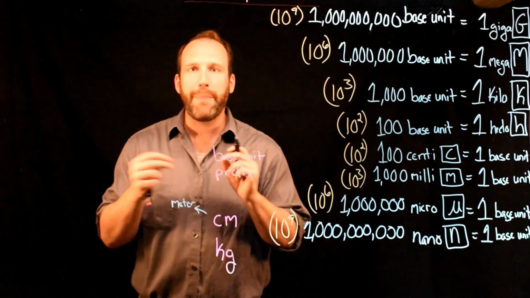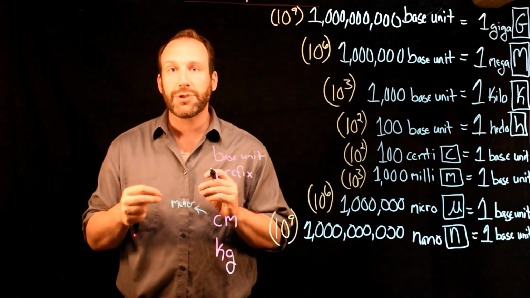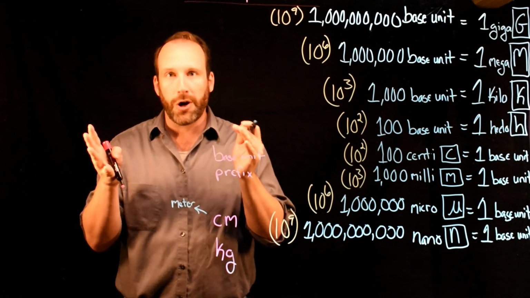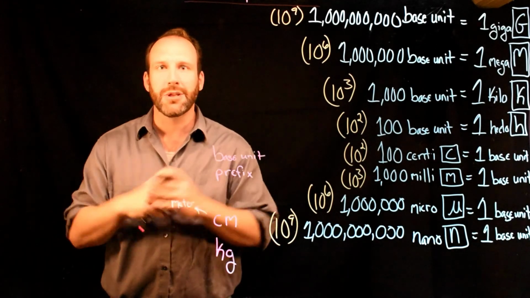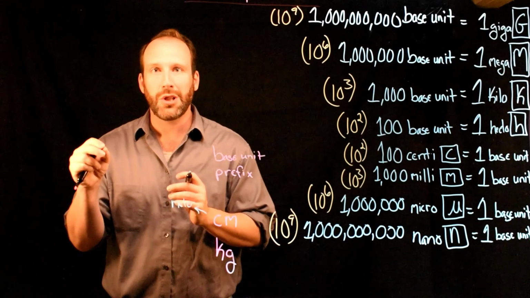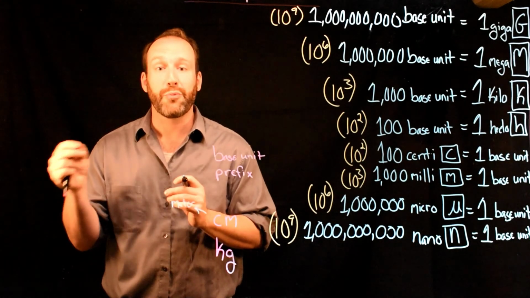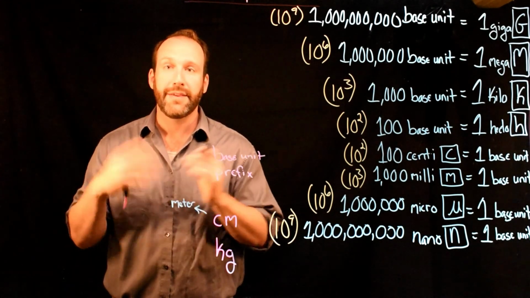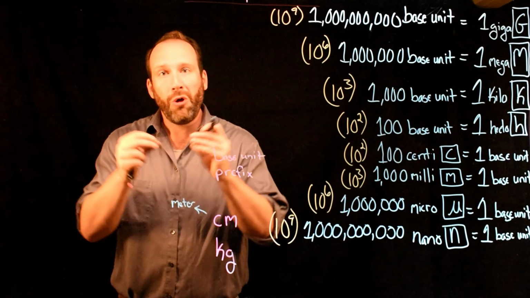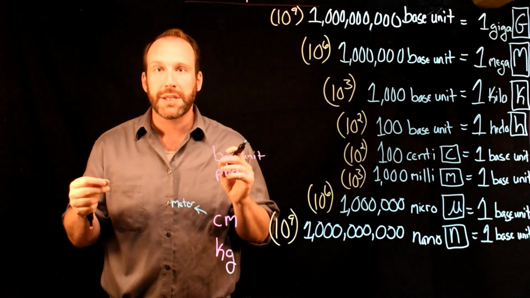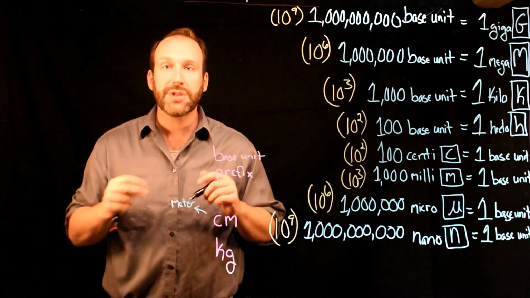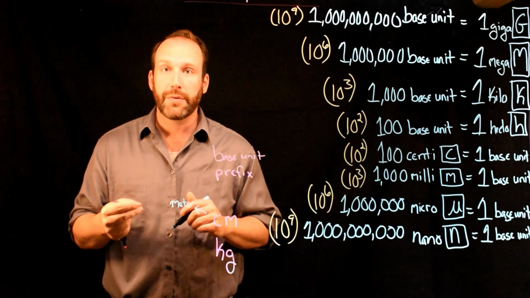The meter, this basic unit of length in the metric system, is just a little bit longer than a yard, or a little bit longer than 3 feet in the English system. So all lengths within the metric system are somehow based on the meter.